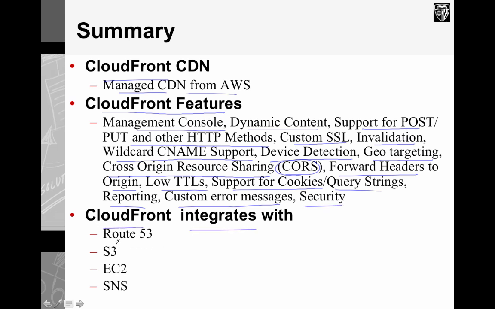CloudFront integrates with Route 53 because it uses the Route 53 DNS service to figure out which edge location an end user should connect to. It integrates with S3 because S3 buckets can be the origin. It integrates with EC2 because an EC2 load balancer or an EC2 instance can be origin. It integrates with SNS in order to send alert information.